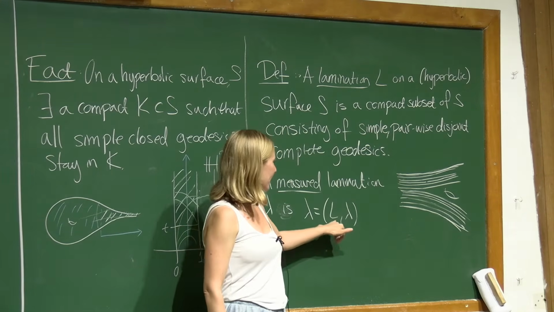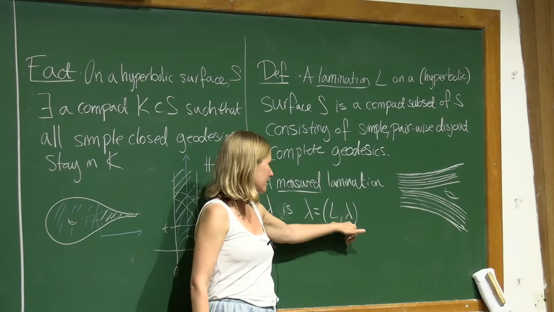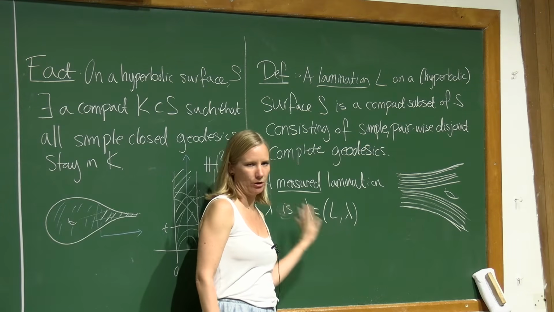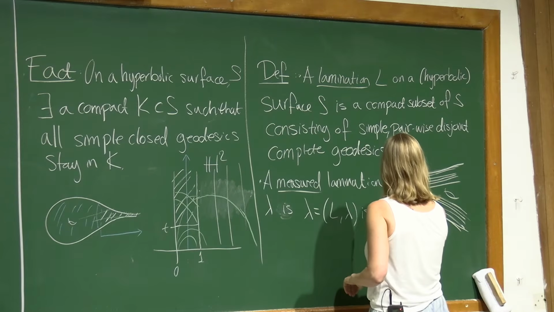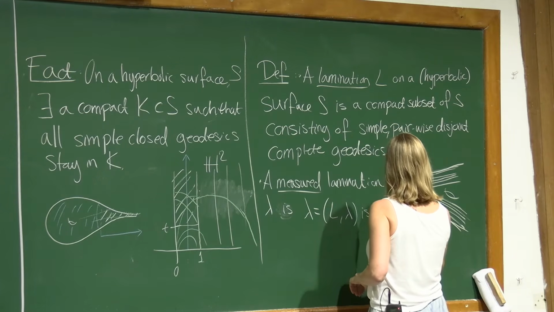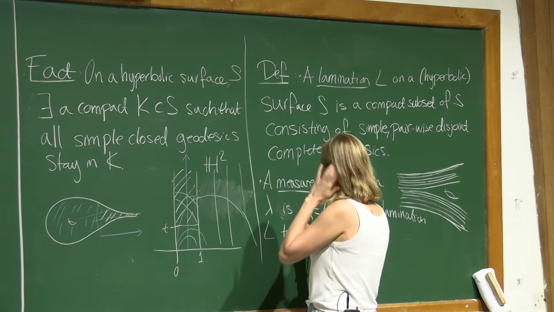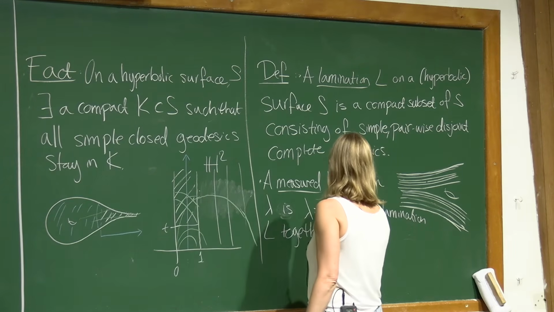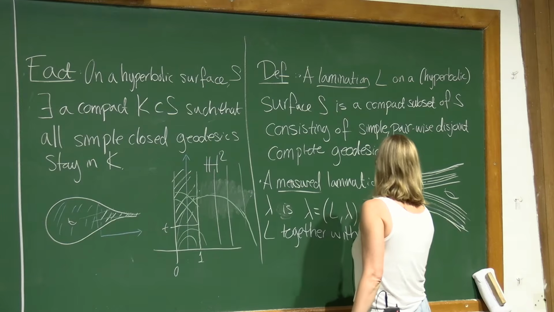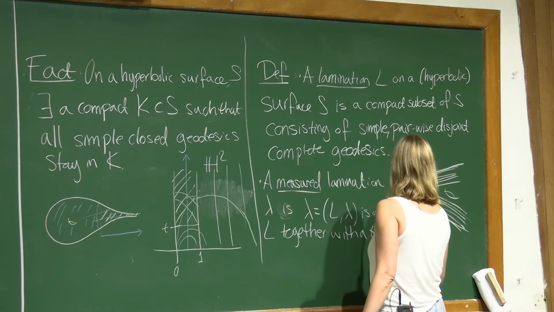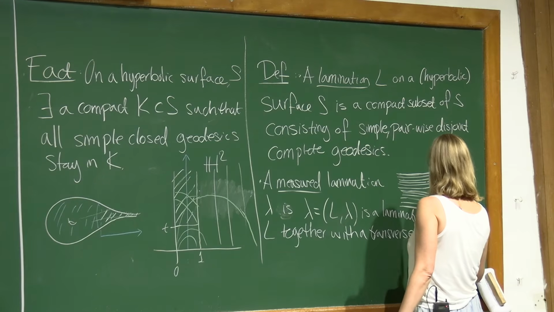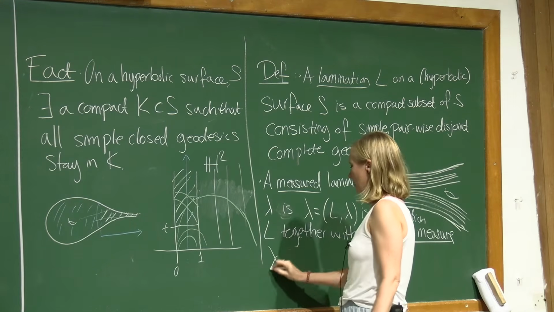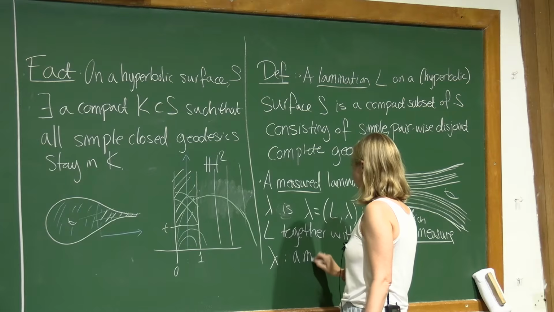L is a lamination, and the transverse measure is also called lambda, but we usually just call the whole thing lambda. So it's a lamination L together with a transverse measure lambda.